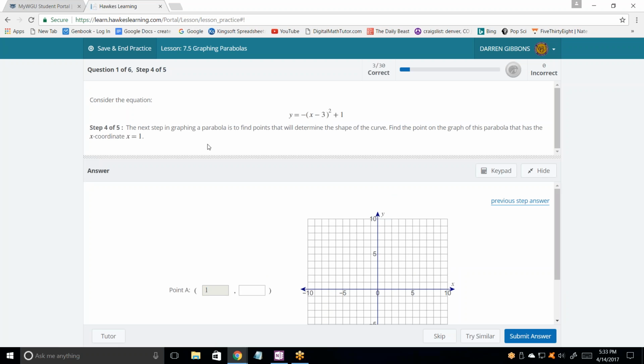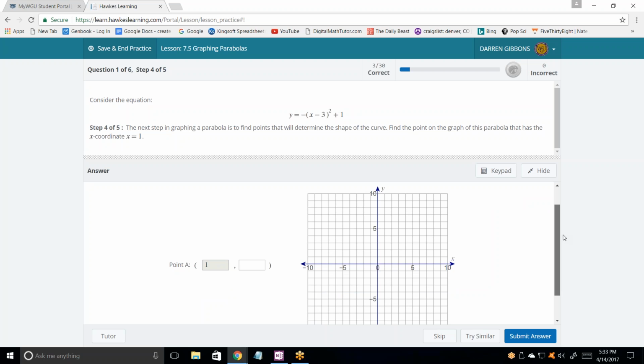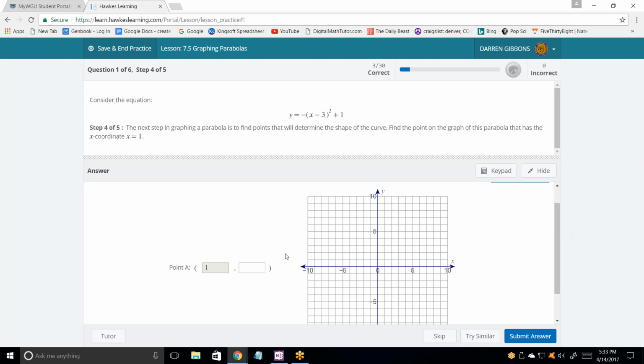The next step in graphing a parabola is to find points that will determine the shape of the curve. Kind of hate this question, but that's all right. If I plug in a point, x equals 1, what's the y coordinate?